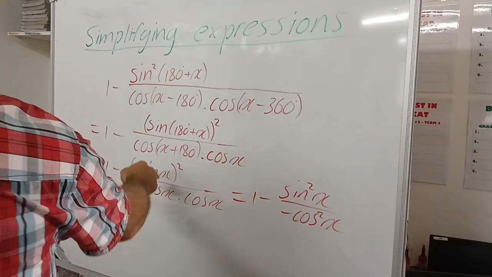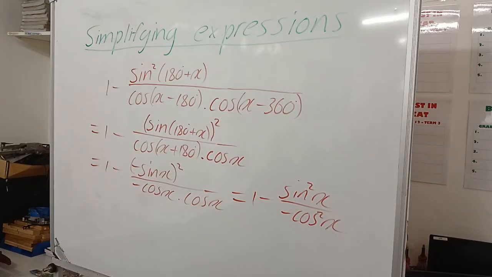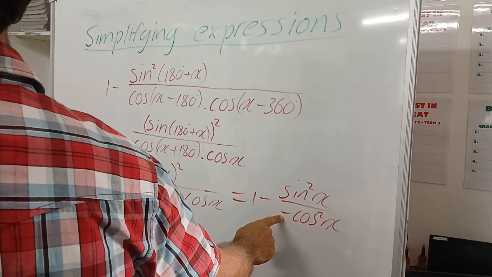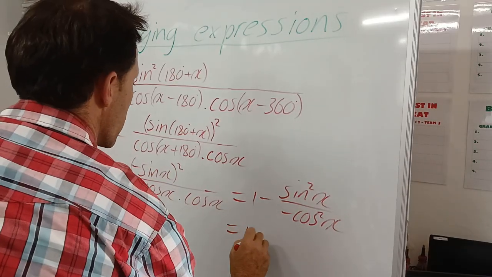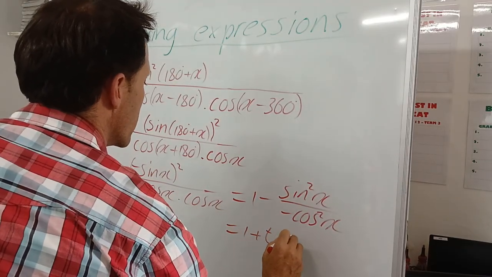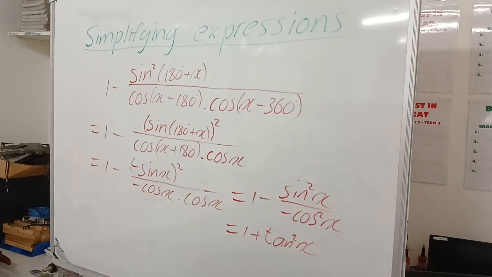The negative sine x times negative sine x gives you plus sine square x. And now we can say the negative and the negative cancel out. Negative divided by negative is positive. So we're just left with 1 plus tan square x. Okay, so we simplified it to 1 plus tan square x.